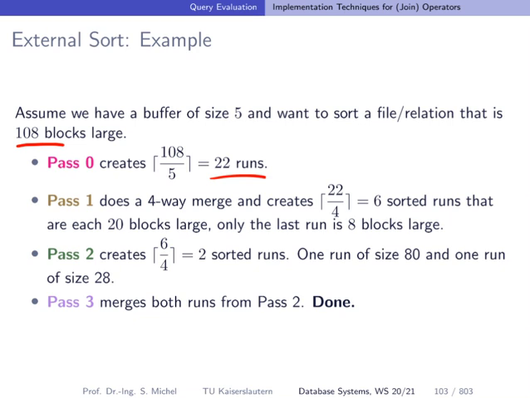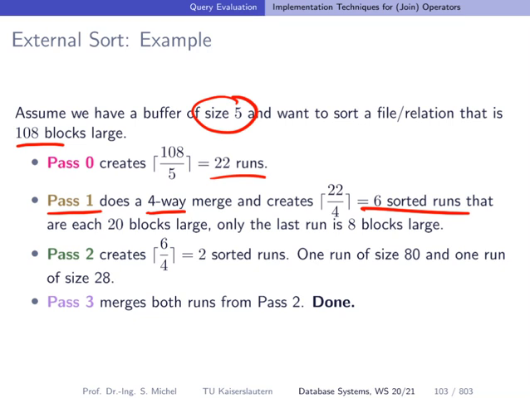And now, since we have a size 5 buffer, how many of these runs can we merge in one shot? 5 minus 1, right? NB minus 1. This is 4. So merge phase 1 creates, by a 4-way merge, 6 sorted runs, which are of course larger than the initial runs.